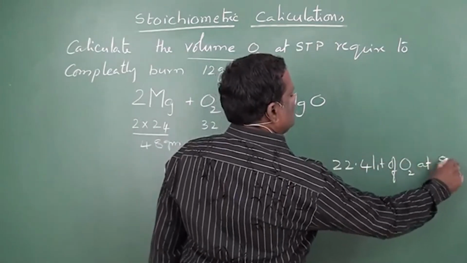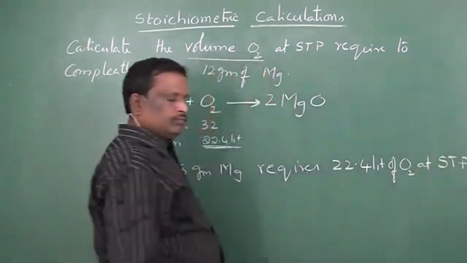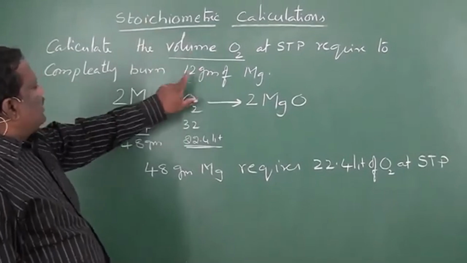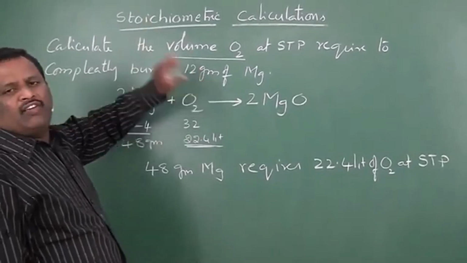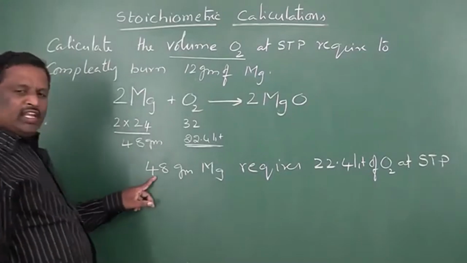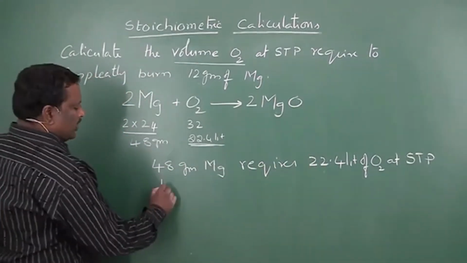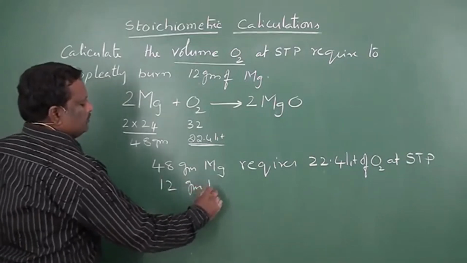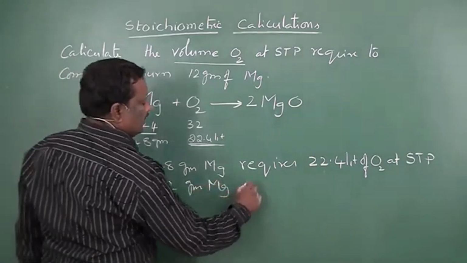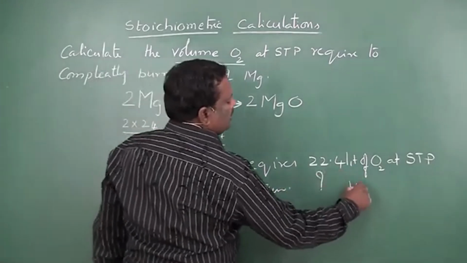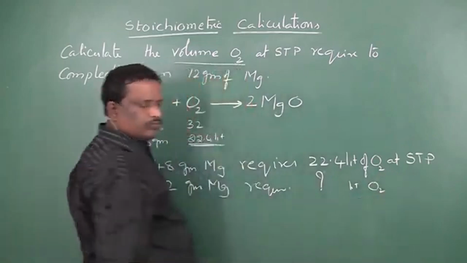Now what are they asking? The volume of O2 required for the burning, or combustion, of 12 grams of Mg. Here for 48 grams of Mg, you require 22.4 liters. Then for 12 grams of Mg, how many liters of O2 are required?